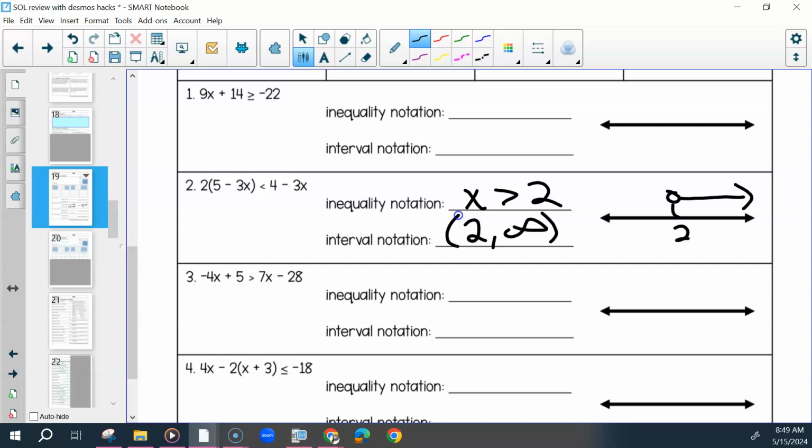Close the square bracket, but only for the number, not for infinity.